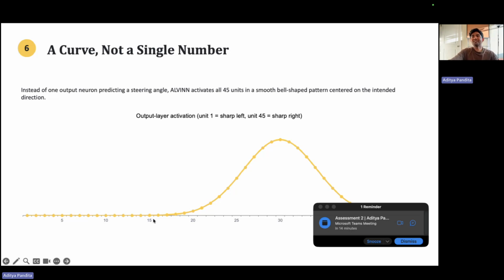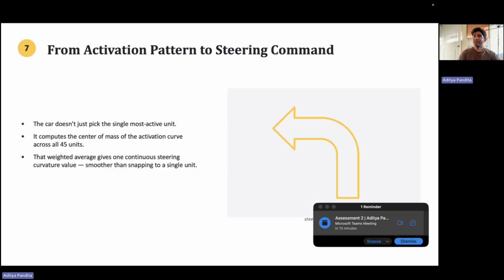So why do this instead of one scalar? A smooth distributed target is a more forgiving training signal. Small errors during training don't cause a widely wrong output, and the label itself is easy to generate for any steering angle by just centering a bell curve there.